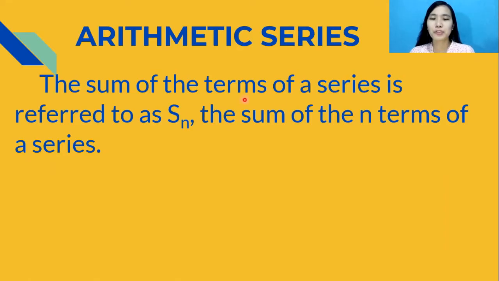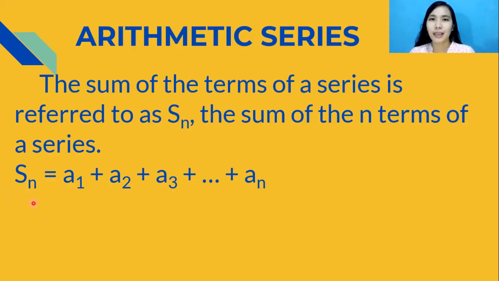So if the sum of the terms of a series is referred to as S sub n, that is also the sum of the n terms of a series, that would be S sub n is equal to the first term, or a sub 1, plus the second term, or a sub 2, plus the third term, or a sub 3, plus so on and so forth, plus the last term, or a sub n.